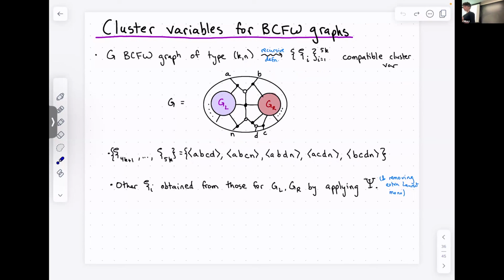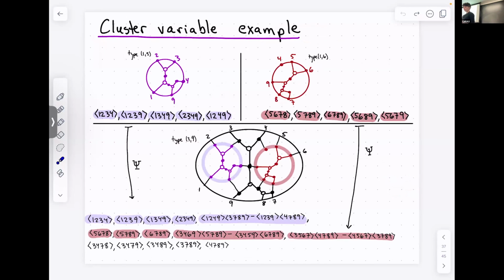Okay, and then the remaining cluster variables you want are just obtained from the ones you got from GL and GR by applying this psi map. So, quick example. If you handed me this BCFW graph, then the collection of cluster variables I would get, well, this just looks like the butterfly.